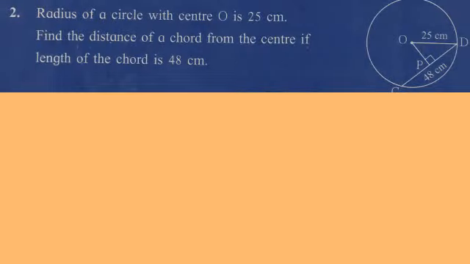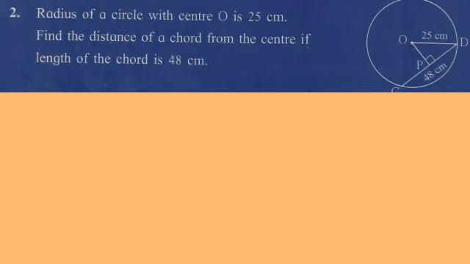Now students, let's see question number 2. The radius of a circle with center O is 25 cm. Find the distance of a chord from the center if the length of the chord is 48 cm. If you look at the diagram, we can easily see that O is the center and OD is 25 cm.